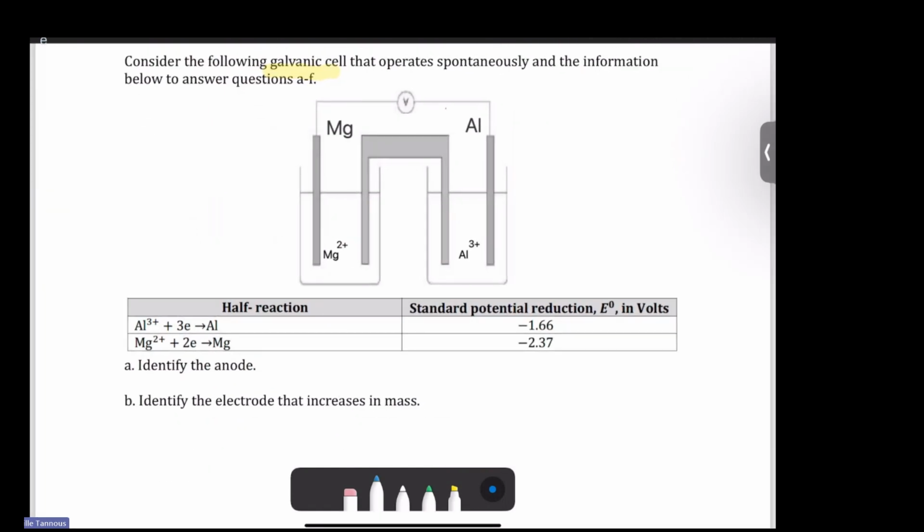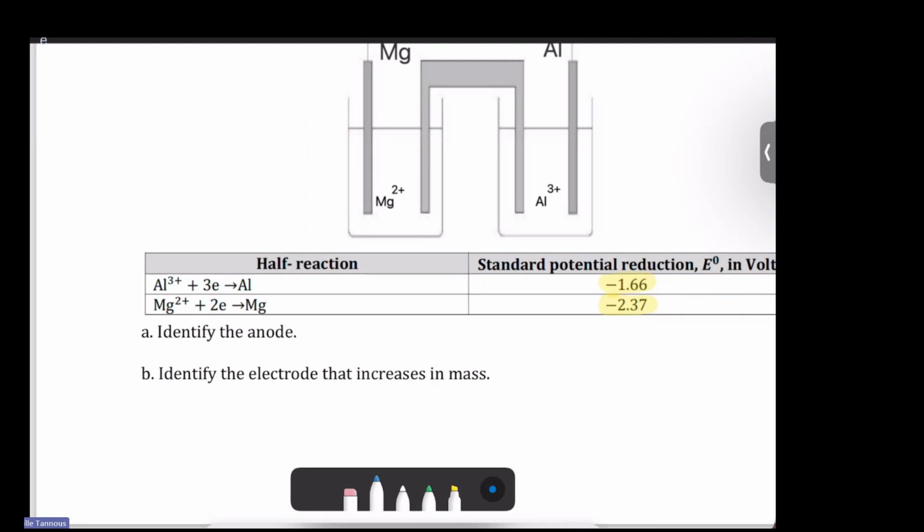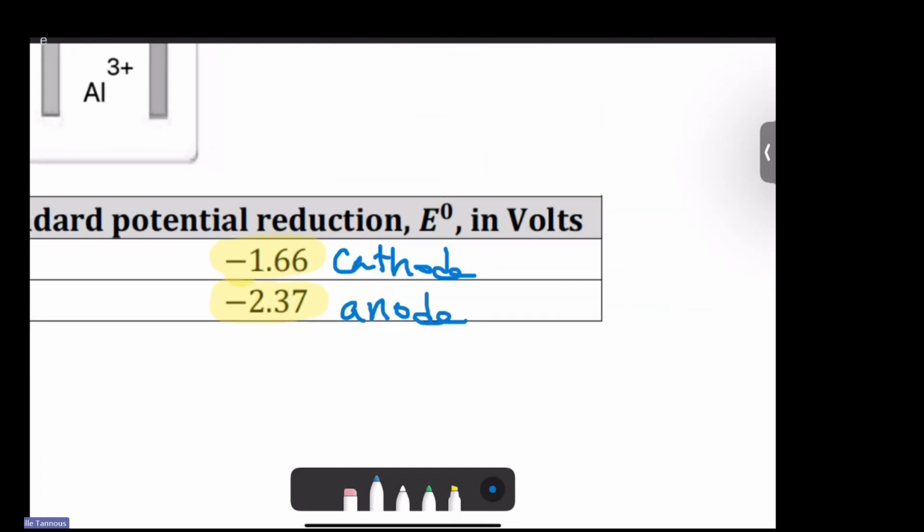In this case, I need to rely on the reduction potential. So here we go. Al3 plus and Mg2 plus, we are looking at them right now as oxidizing agents. However, Al3 plus is a stronger oxidizing agent, and therefore this is the one that's going to play the role of the cathode, and this is the one that's going to play the role of the anode.